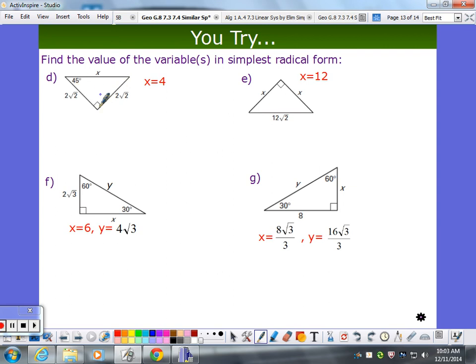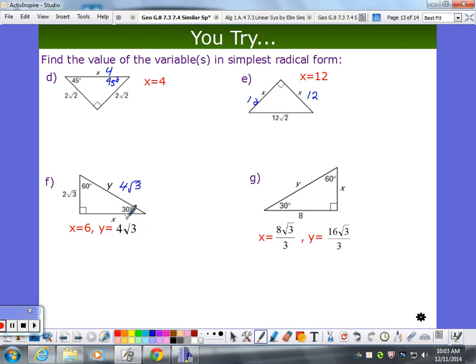These ones you're just going to have to get good at. This is another 45 degrees here. 2 rad 2, multiply both sides by radical 2. 2 times rad 2 times rad 2 is 4. This one is also a 45, 45, 90. I know the hypotenuse, divided by radical 2. 30, 60, 90. The side opposite the 30, the short side, is 2 rad 3, multiplied by 2 to get the hypotenuse.